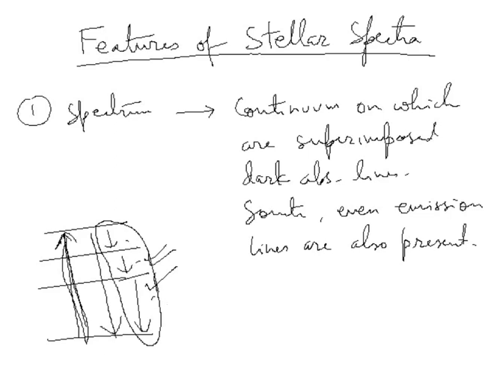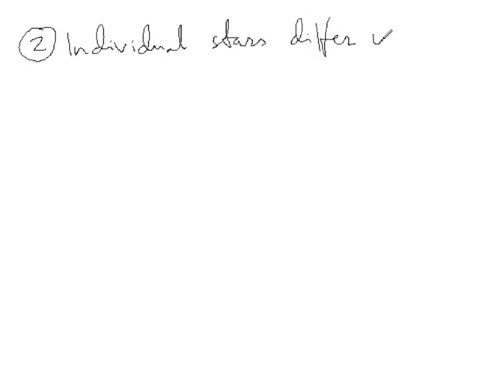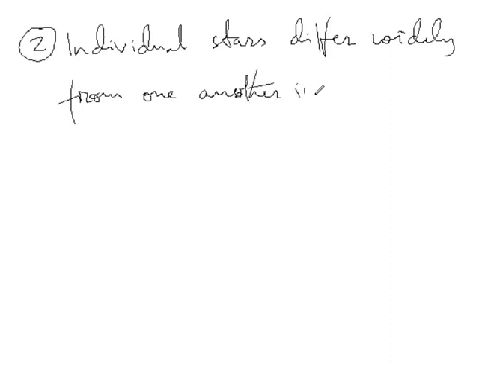Okay, now the next feature of stellar spectra is that individual stars differ widely from one another in brightness and also spectral details.